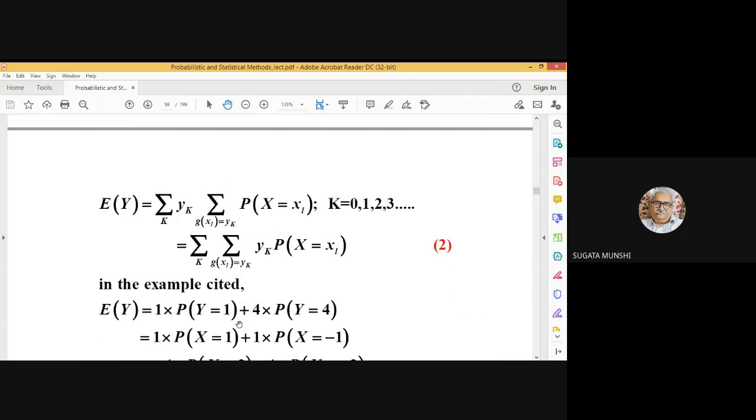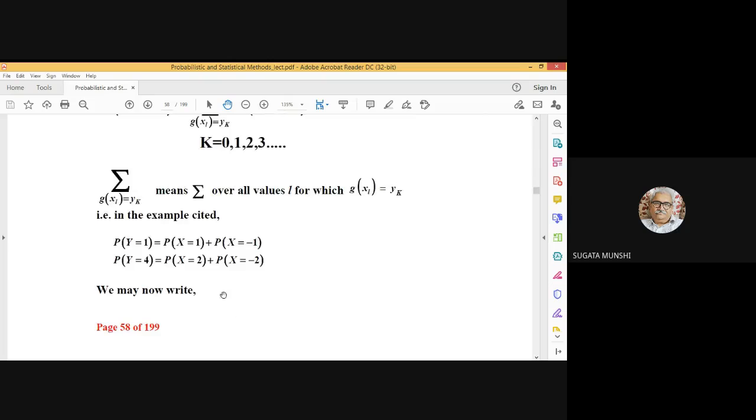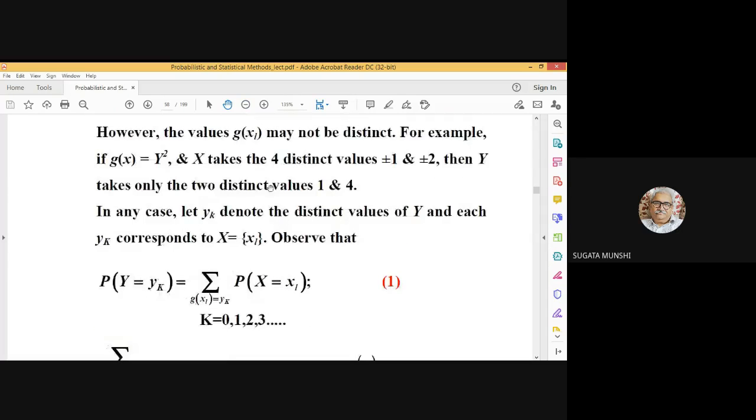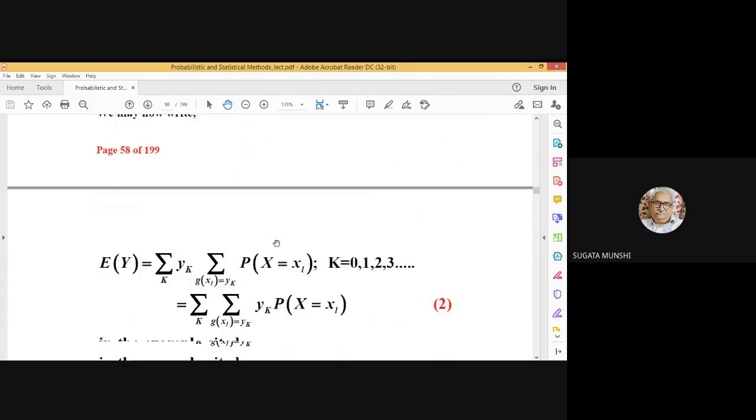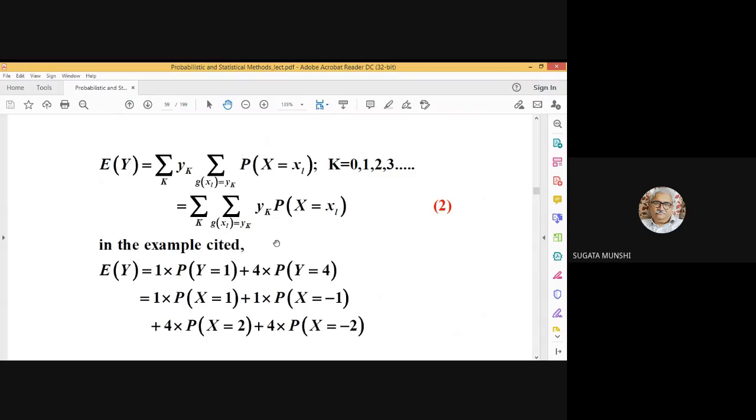In the example cited here, what does equation 2 mean? The expectation of y is equal to 1 into probability of y equal to 1, plus 4 into probability of y equal to 4, the sum of these two.